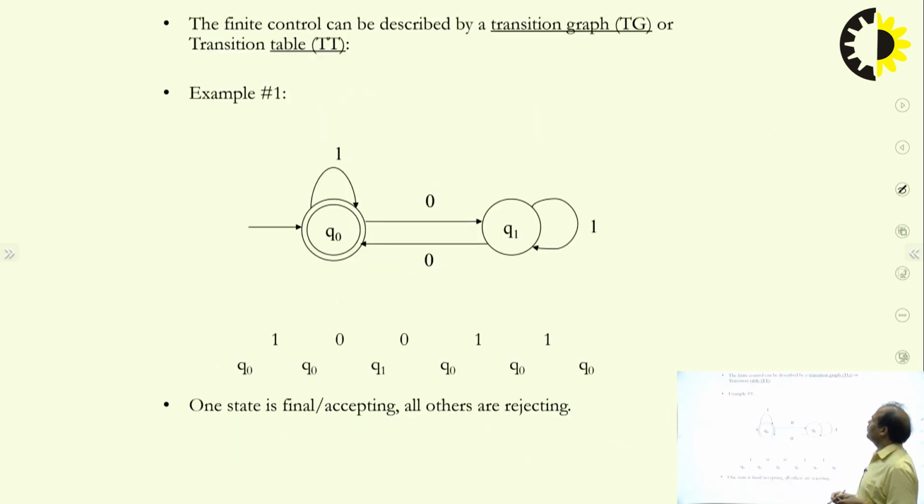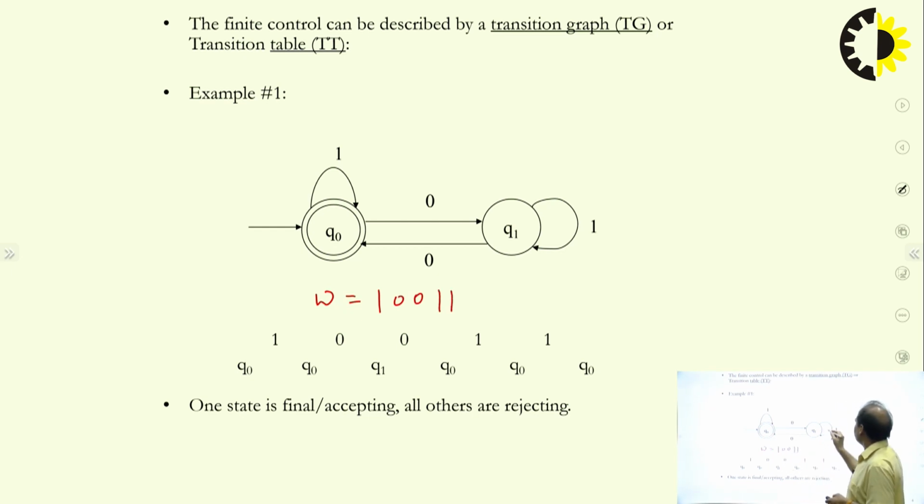For example, consider this finite automata where the starting state is also a final state. On input 1 we go to Q0, on 0 we go to Q1. Let's take the input 1 0 0 1 1.